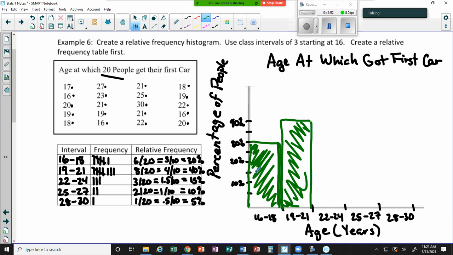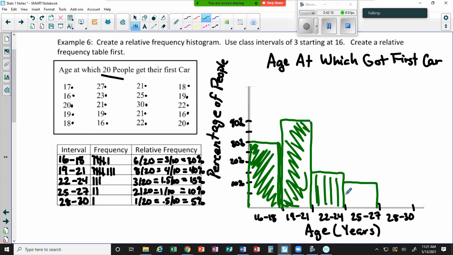All right. So come across here. 25 to 27. 10%. There.